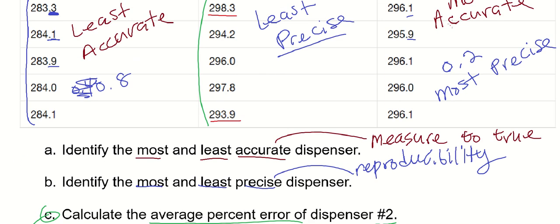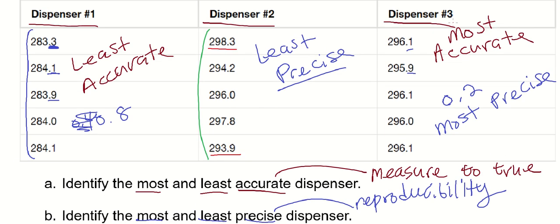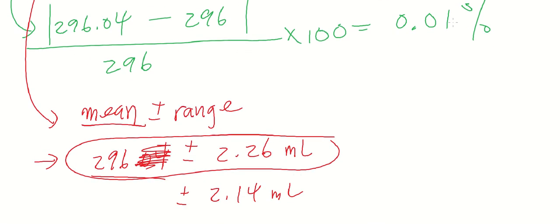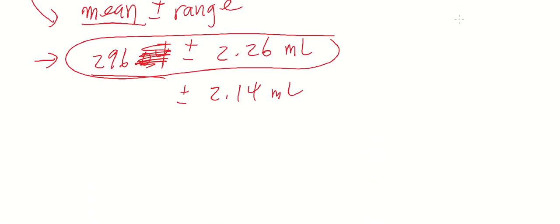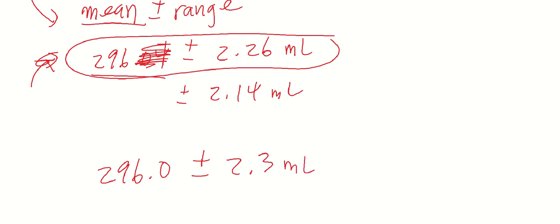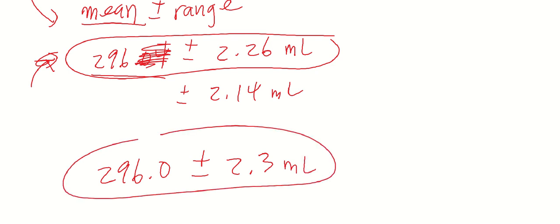They originally had precision to the tenths, so we're just going to keep that. Hope that makes sense. So not our final answer. Definitely can't have it to the hundredths. 296.0 plus or minus 2.3 milliliters. That's our final answer. All right, that's good.